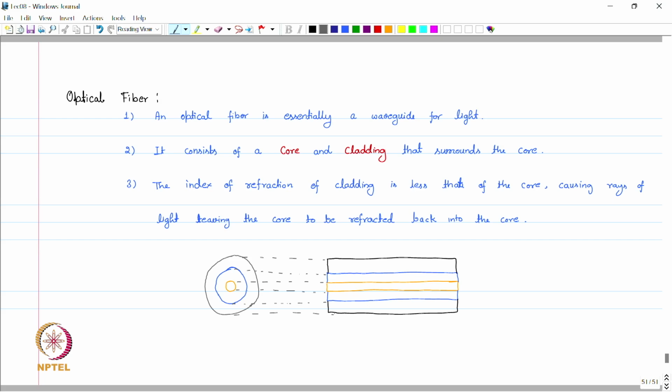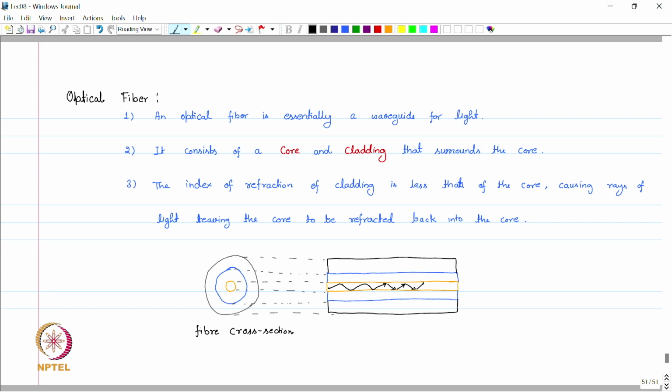So, this on the left side, this is a cross section of fiber, and when we send these optical photons into this optical fiber, they all travel along the length of this optical fiber through total internal reflection.